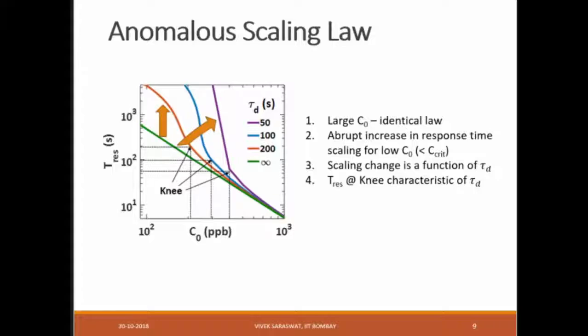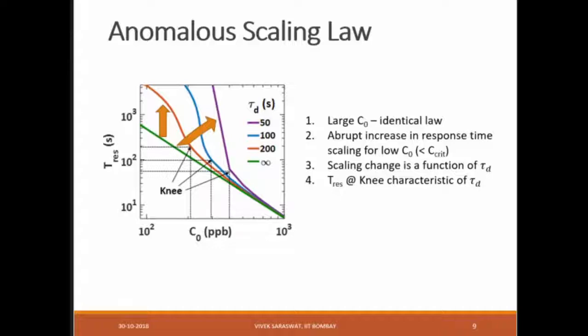One is the uniform scaling law which is known from prior literature, but in the decay case, the scaling law for higher concentrations is the same as what is known previously, but it changes for lower concentrations. And this change in the slope is a function of tau d. For smaller decay constants, for the same concentrations we see a much higher response time.